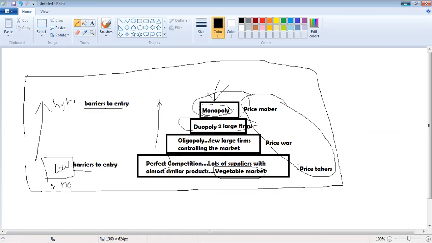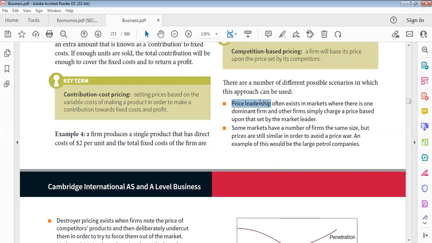All right, I want to understand more. Okay, good. So first of all, we have something called price leadership. What is price leadership? Price leadership happens in a market where there is a dominant firm. One dominant firm, and other firms simply follow.